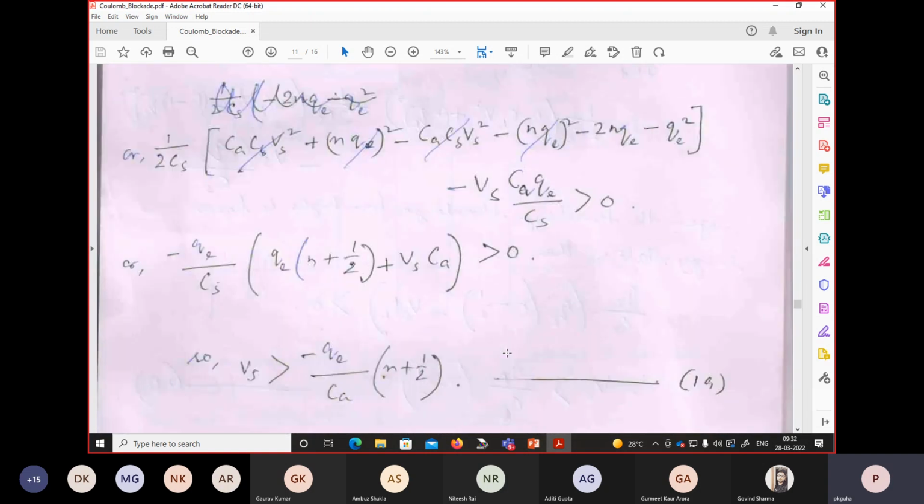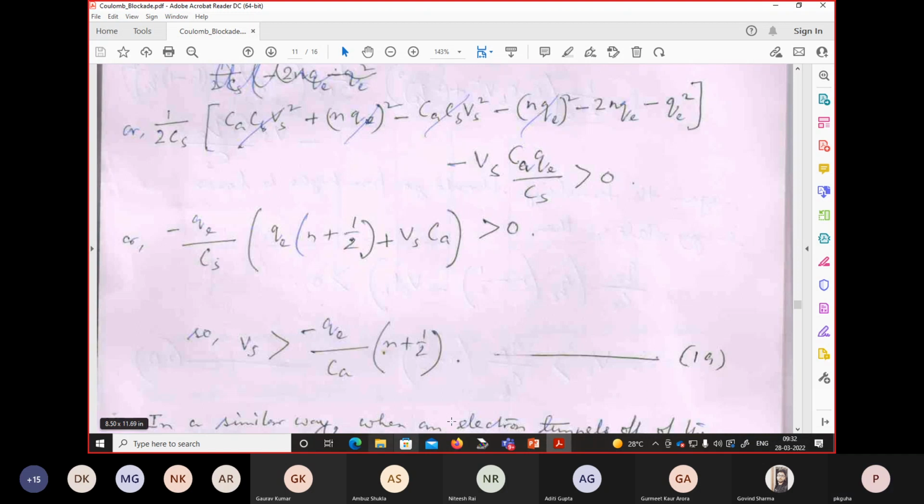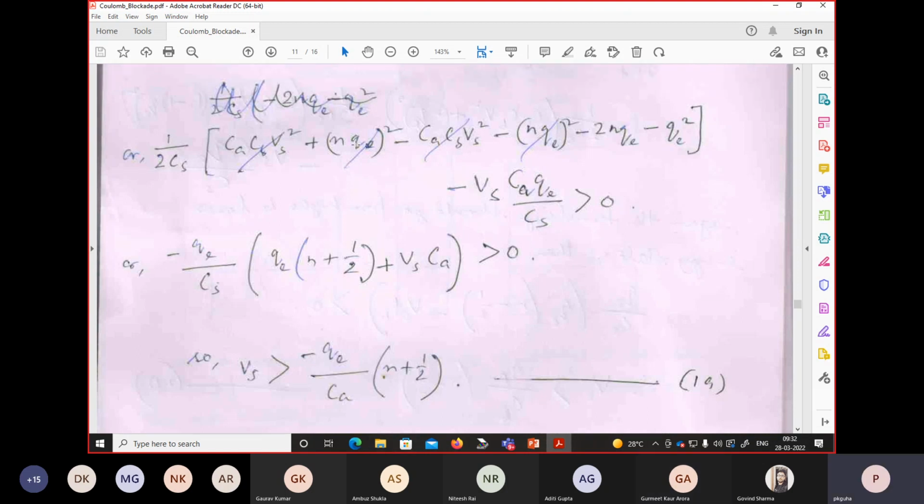So this is the one, right? I think this is the one. So these two cancel out, these two cancel out, and this Q should be inside, right?